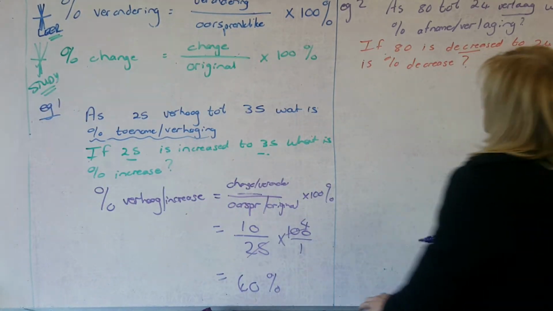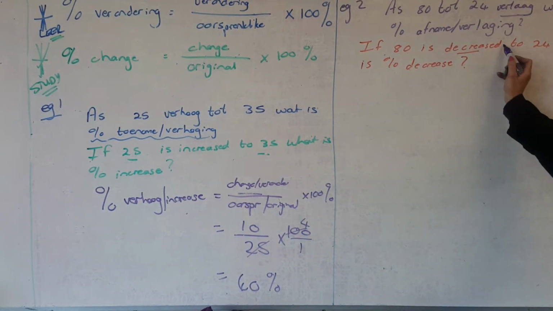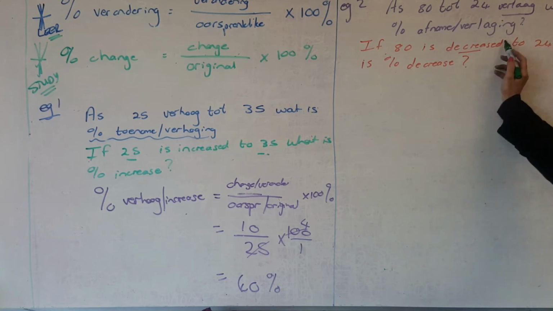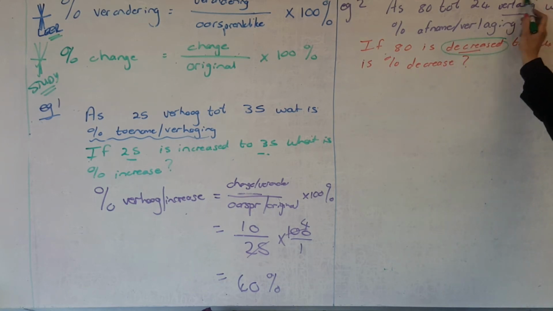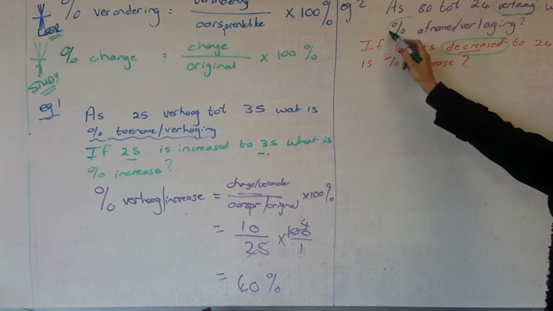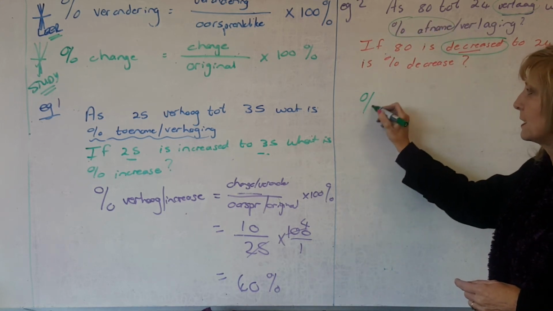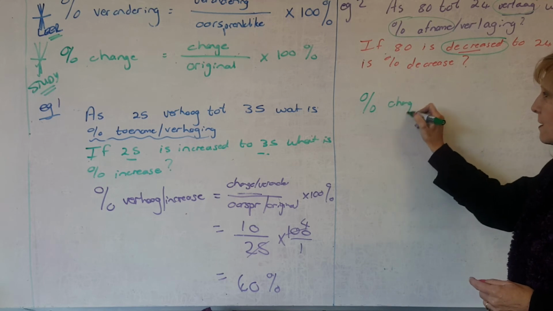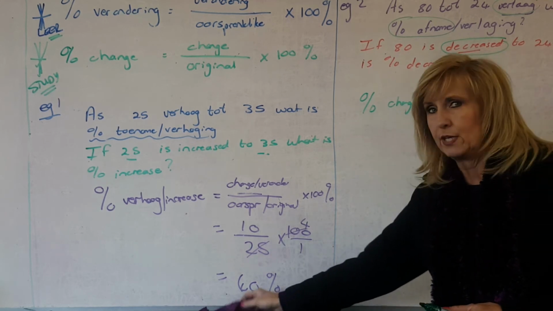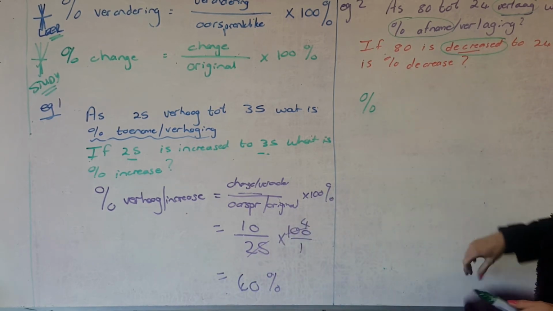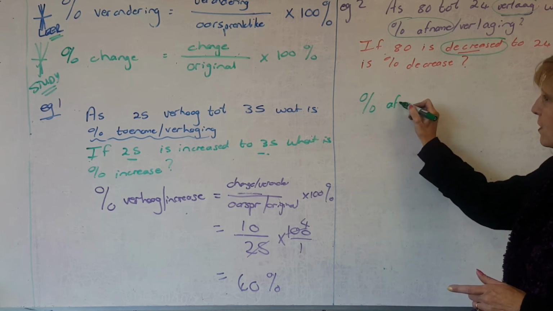Just as well, it can decrease. There can be a percentage decrease. Daar kan 'n persentasie afname wees, 'n persentasie afname wees. So whatever it is, it's percentage change. This change was a decrease. Hierdie persentasie verandering was 'n afname.